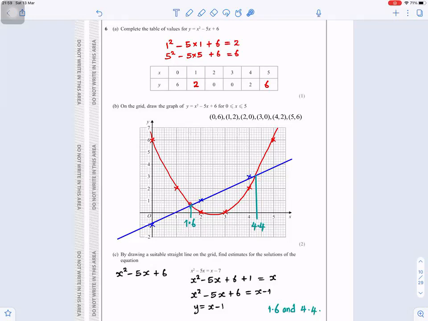You look at where they meet, draw a line straight to the x-axis, and this first one is 1.6. You go to the next point where they meet, draw a straight line to the x-axis, it's 4.4. So your two answers are 1.6 and 4.4. So solutions is where the line and the curve meet.